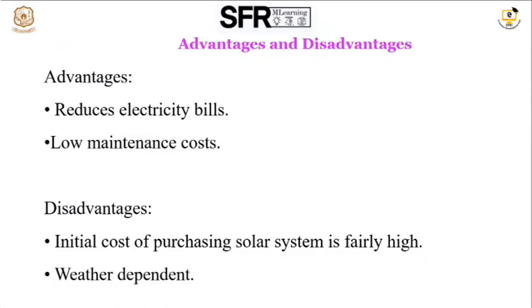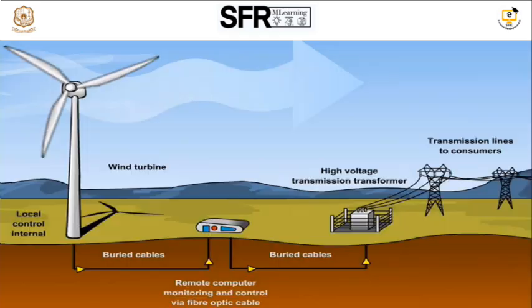These are the advantages and the disadvantages. In the advantages, it is a renewable resource, reduces electricity bills, has low maintenance cost, and has many applications. In the disadvantages part, the initial cost of purchasing a solar system is high and it is weather dependent.